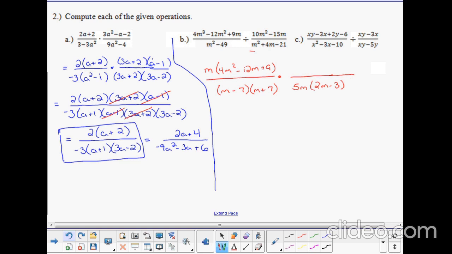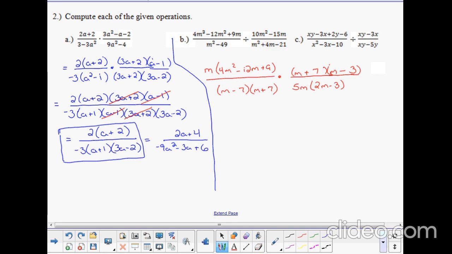The old denominator, m squared plus 4m minus 21, would factor into two binomials. This would become an m, first term for each, a positive 7, and a minus 3. If we distribute there, that's how we'd end up getting that positive 4.